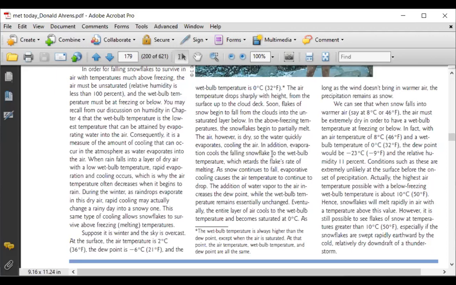That means your relative humidity may be 15%, and your dew point would be minus 23 degrees centigrade. So the dew point is in your favor, your relative humidity is very low, and your wet bulb temperature is 0 degrees. Then it is possible to form snow even in plus temperature.